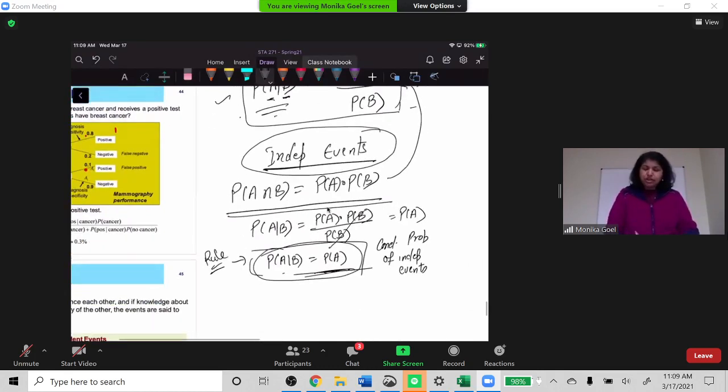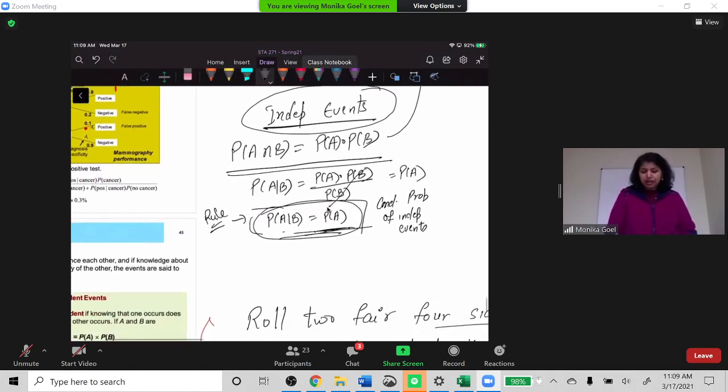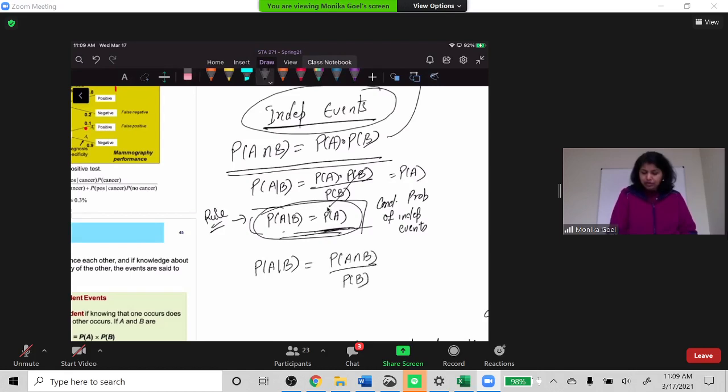So we use the conditional probability formula for independent events, and we can also use this formula to make another rule, or you can call it the multiplication rule for conditional probability, using the same formula. A given B is their common part divided by the given probability.